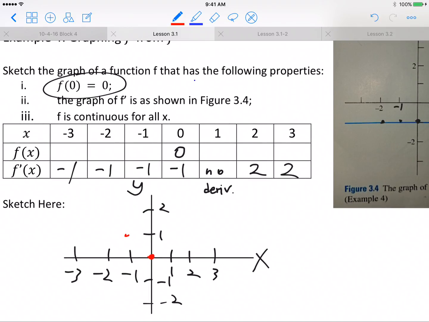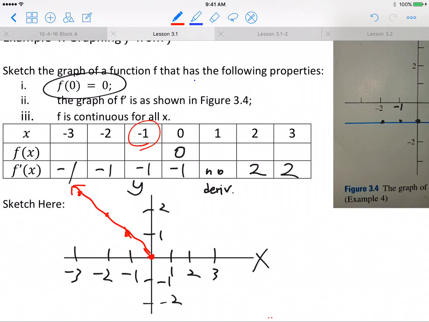At negative 1, you have a slope of negative 1 again, at negative 2 again, and at negative 3 as well. So it looks like there's continuity, and your resulting point is over here.